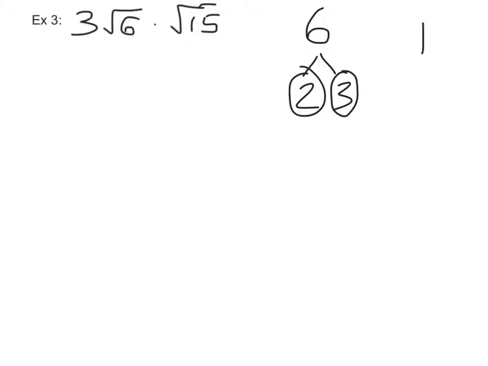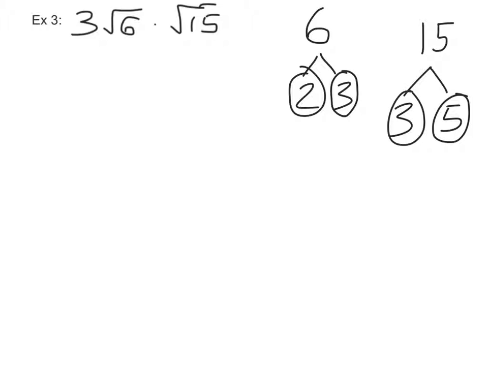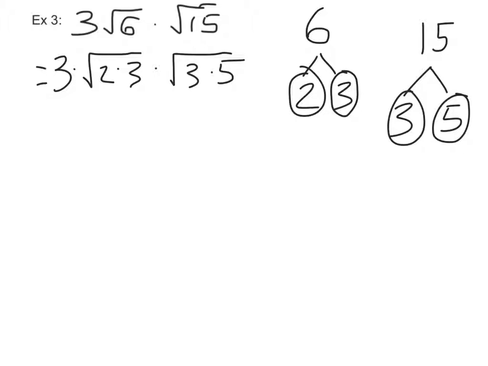Let's now do the prime factorization of 15. We know that's 3 and 5. There they are. And both of those are prime, so we're done. So the first thing we can state is that 3 times, we rewrite 6 to be 2 times 3, and we rewrite 15 to be 3 times 5. Everybody okay there? Moving on.